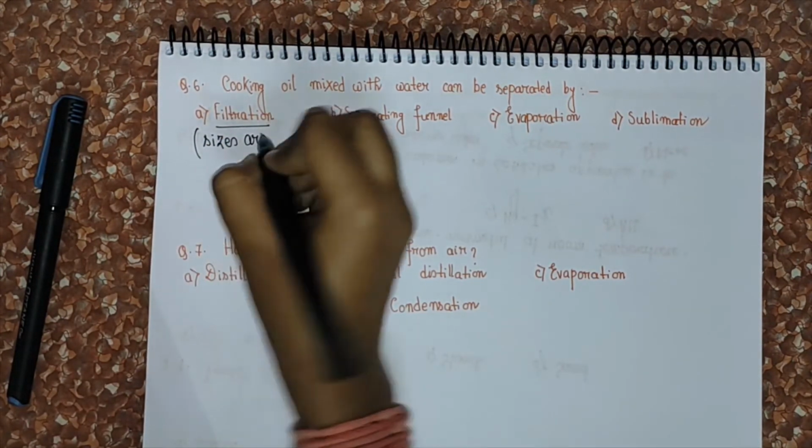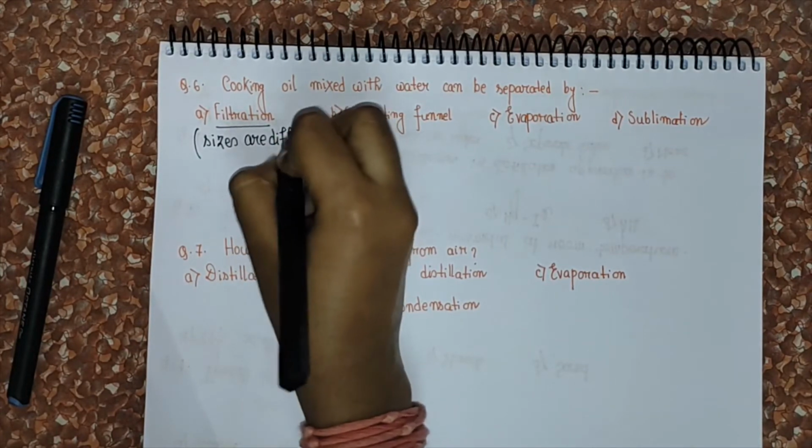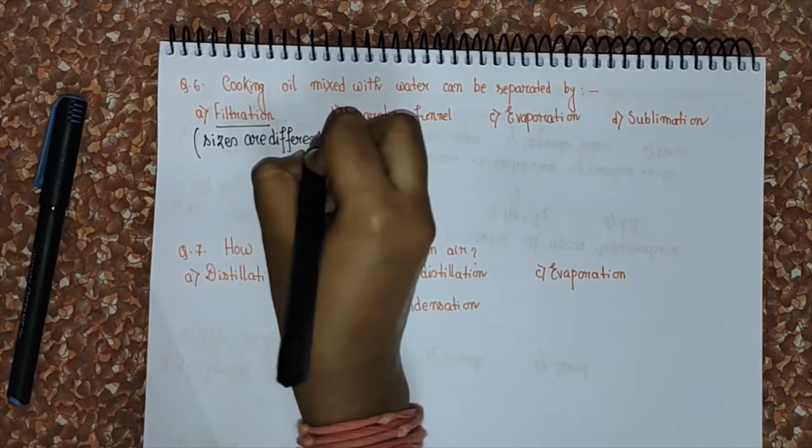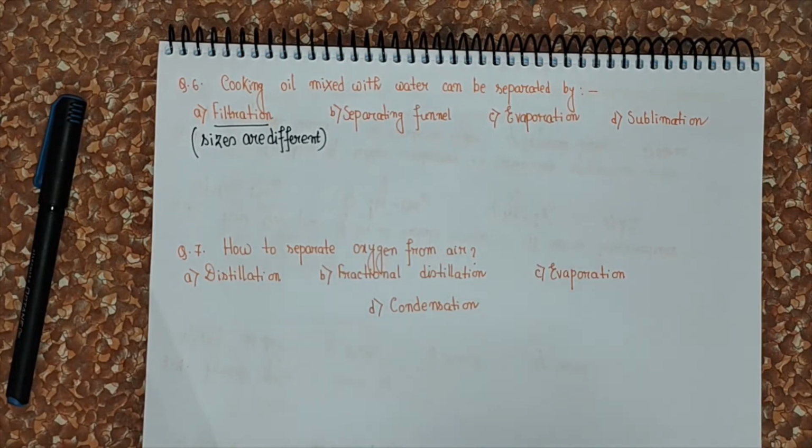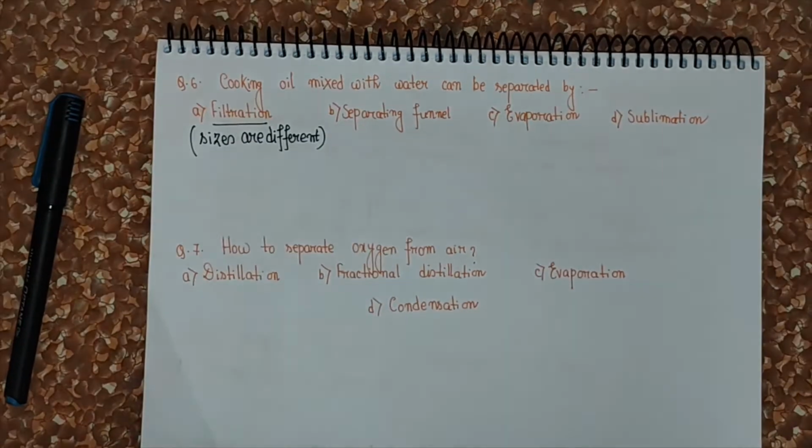The largest size particles will not go through the filter paper and will remain on it, which we call the residue. The smallest size particles will easily go through the filter paper, which is termed the filtrate. So for filtration, a size difference is necessary.